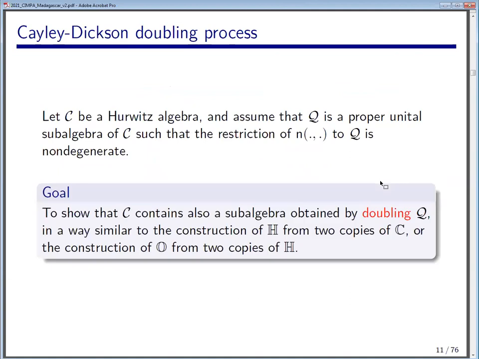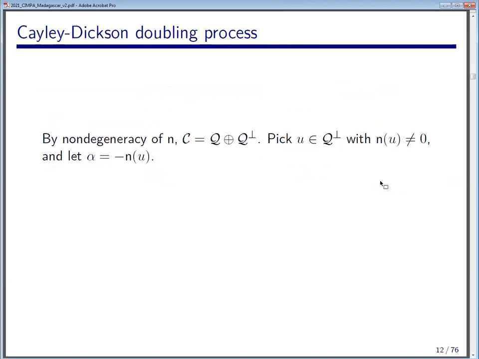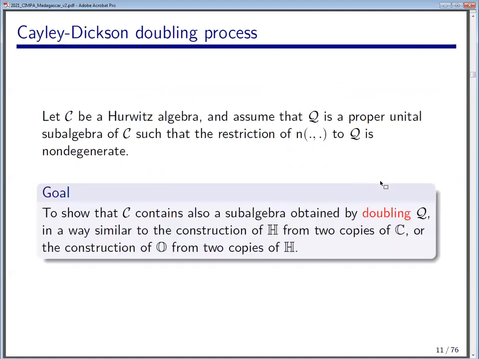Proving these properties. And at a certain point, we considered this situation. We have a Hurwitz algebra, so a unital composition algebra, and we take a nice proper subalgebra. By nice, I mean that it is unital, and the restriction of the polar form to Q, the subalgebra, is non-degenerate.